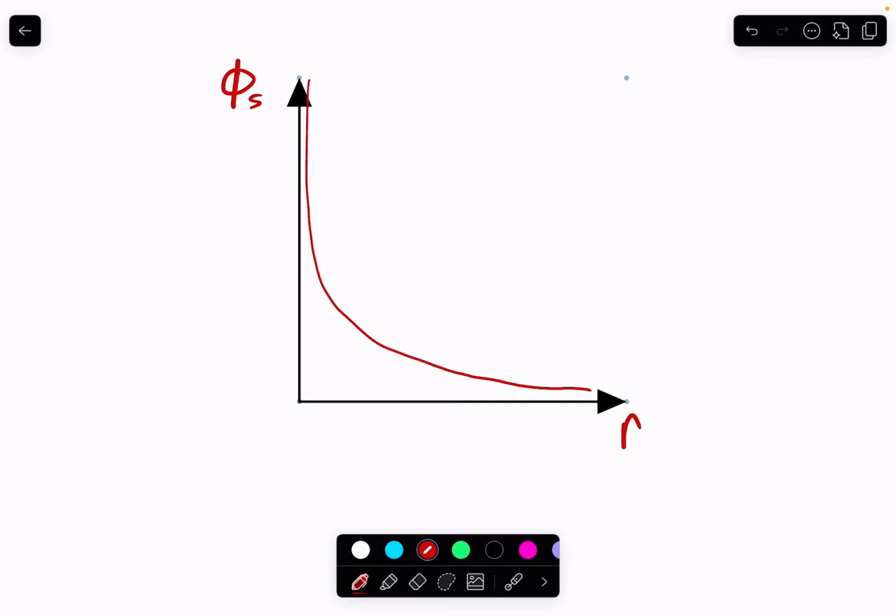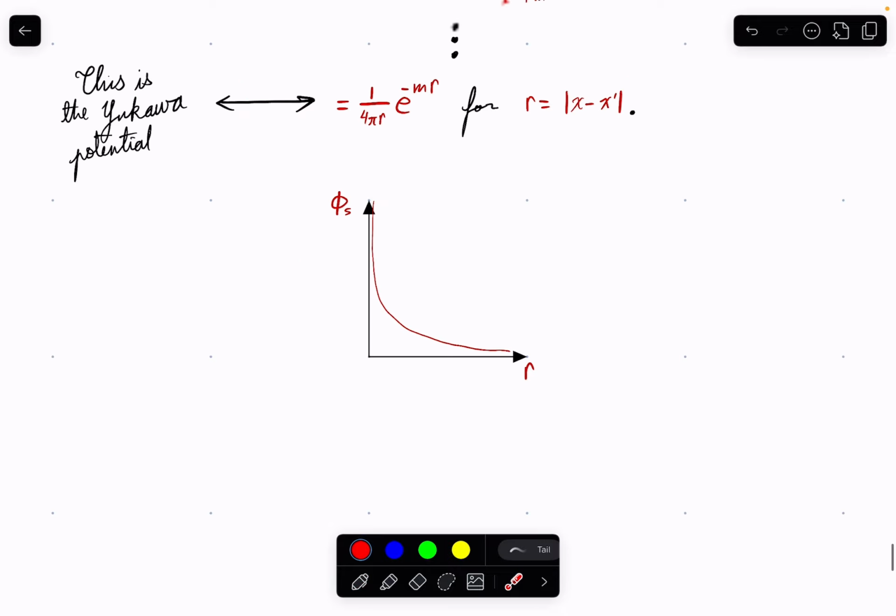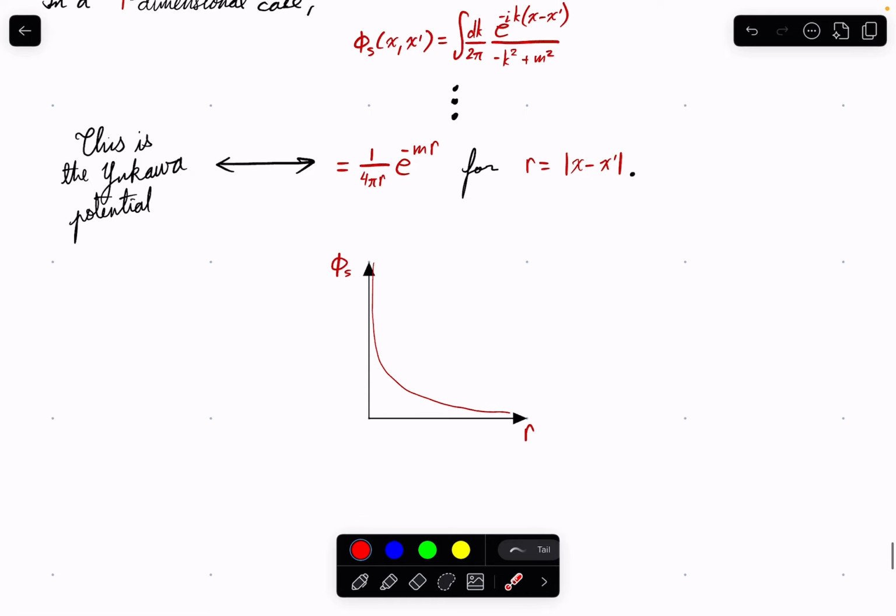So this is a Yukawa potential. And this makes sense, it tells you that if you're farther away from an interaction, you're not going to feel the effects of it as much. So the Yukawa potential basically encodes how far things can interact.